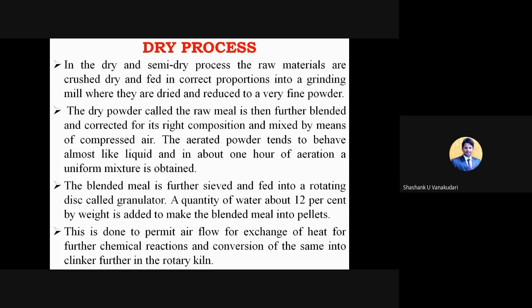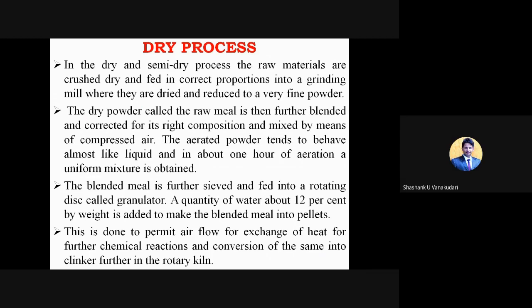Okay, so in the dry and semi-dry process, the raw materials are crushed, dried, and fed in correct proportions into a grinding mill where they are dried and reduced to a very fine powder. Here also they use the same raw materials, such as calcareous materials like limestone and clay.